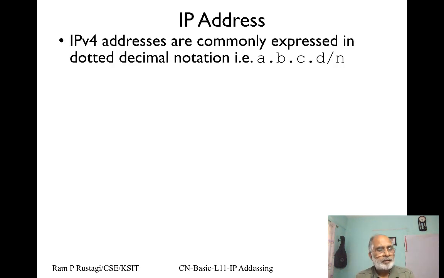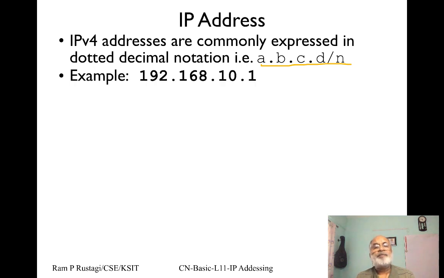So typically you write IP address either in binary form or in a form called decimal dotted notation, which is a.b.c.d/n, which basically means we have 32 bits. So divide into 4 octets of 8 bits each, and for each 8-bit octet, write the number in the respective decimal and separate them by a dot.